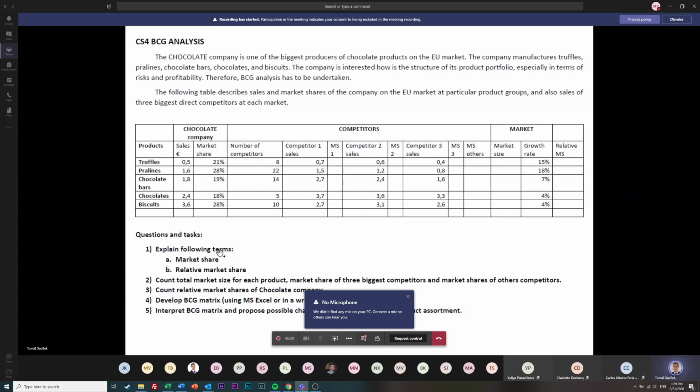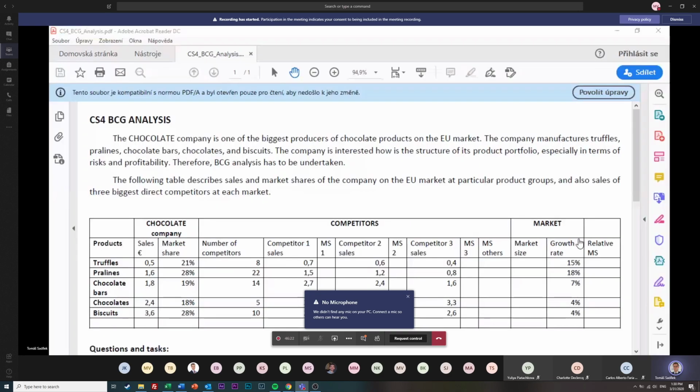Those are the basic information. I would also recommend you to open the Microsoft Excel file that I've uploaded to the document server. I would recommend you to open the file called CS4 BCG student.